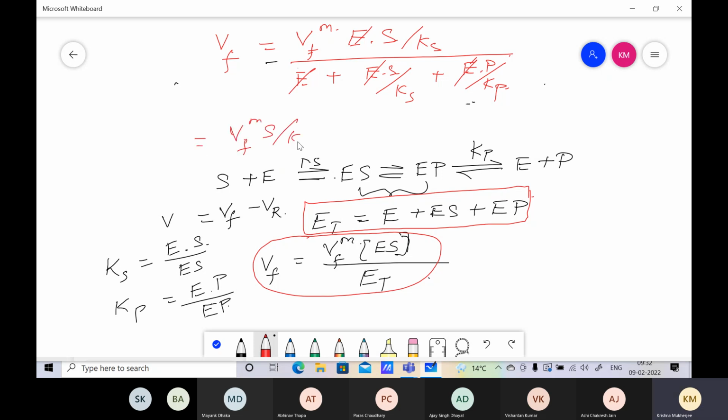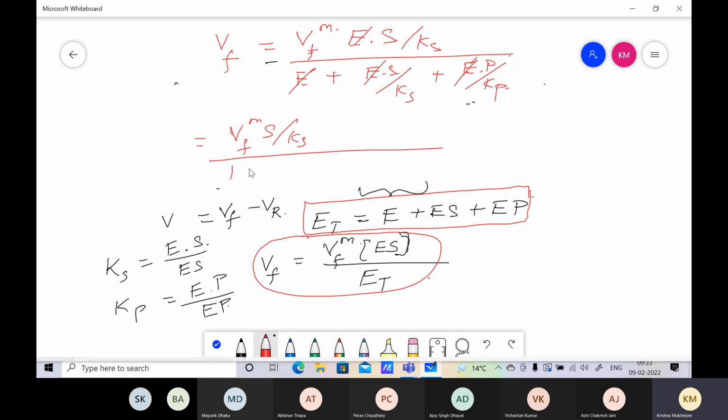And so we get Vf is equal to Vf max S upon Ks, divided by 1 plus S by Ks plus P by Kp, right? Yes, sir. And therefore I will now jump.